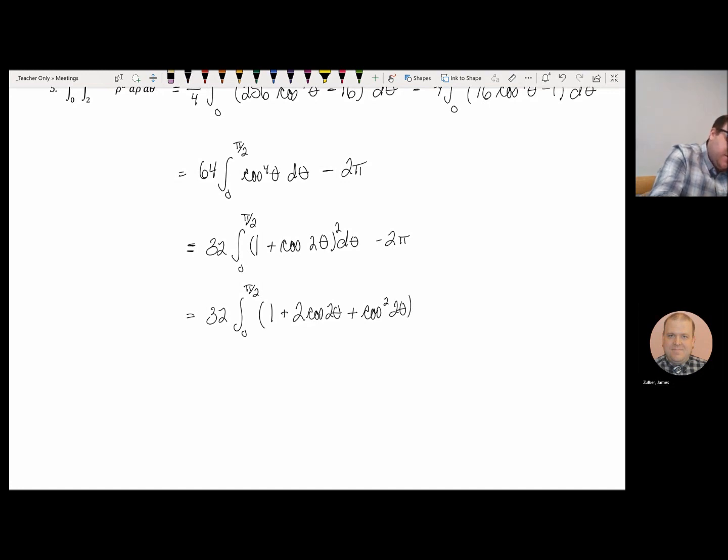Which means, actually, I'm dividing by 4, because the half has to be squared. And that poor minus 2 pi is just floating there, hoping not to be forgotten.